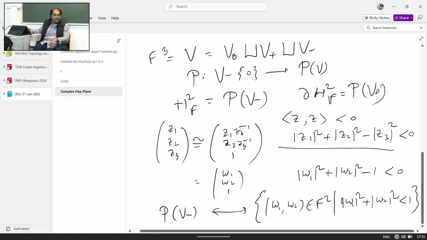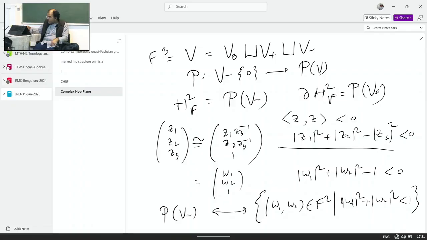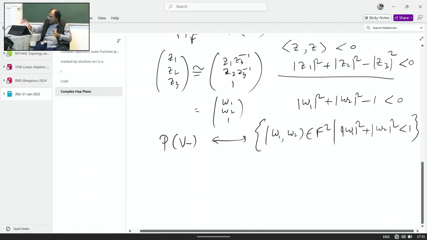What is this when W1 and W2 are real numbers? This is the unit disk or unit ball, right? So that gives you the ball model of the hyperbolic plane. And when F is complex, this gives you a 4-dimensional ball, which is a model for the complex hyperbolic plane. And using the other Hermitian form also, you can get a nice model.